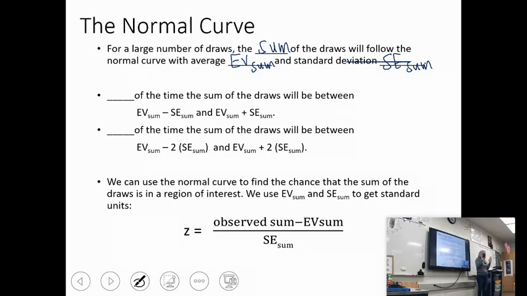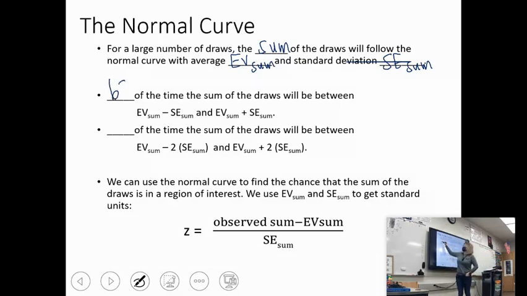Now, if you go back to the empirical rule with how many SDs away, you guys remember percentages? How many within one SD? Close, 68. What's the next one? 95.